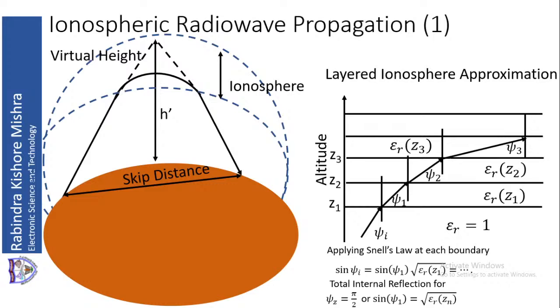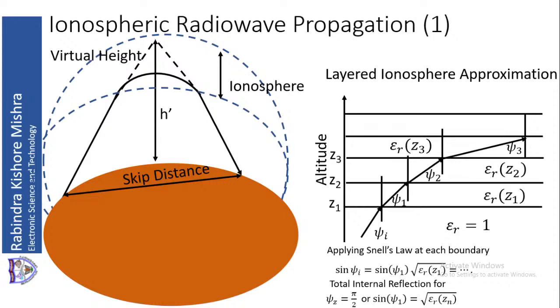As you go to the next layer, epsilon r Z2 will be less than epsilon r Z1, and epsilon r Z3 will be less than epsilon r Z2, and so on. If I divide it into small, infinitesimal layers, epsilon r equal to 1 is a denser medium compared to epsilon r Z1.